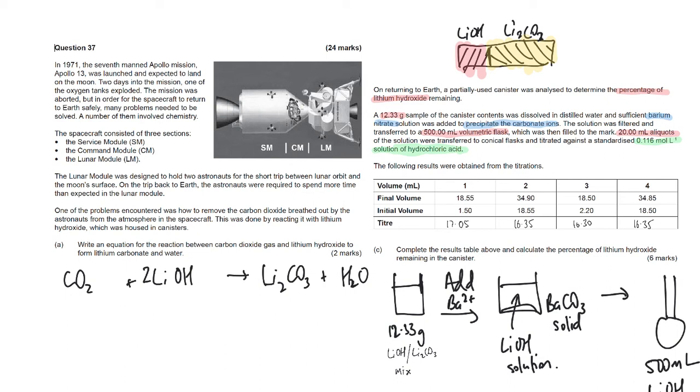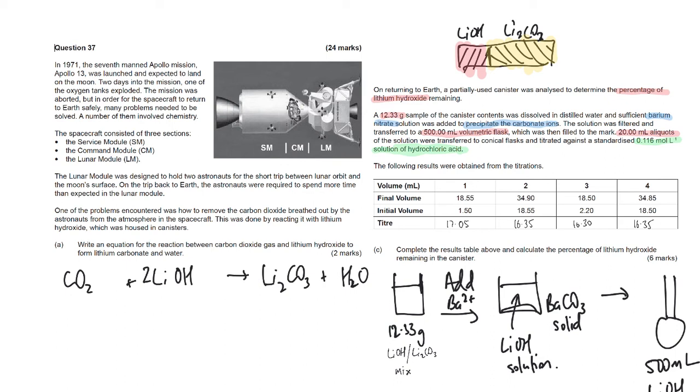The solution was filtered and transferred to a 500 ml volumetric flask, which is then filled and marked. 20 ml aliquots of the solution were transferred into a conical flask and titrated against standard hydrochloric acid solution. These results were obtained from the titrations. Again, please try to highlight things by their chemicals, so we should be able to work out what color this table should be highlighted. Remember, this is the titer.